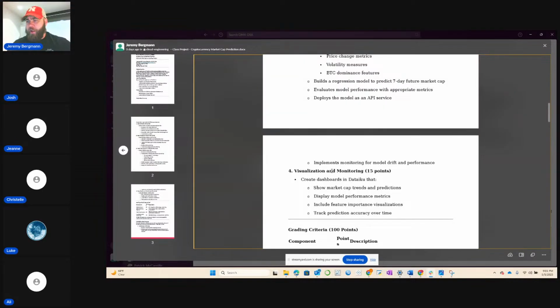You can just create that dashboard in Dataiku. If you wanted to create it in Power BI, you could, if you want to take that step, but the dashboards in Dataiku are okay. If you create dashboards to show your market cap over time and what the prediction looks like over the next 7 days, and model accuracy, statistics, and stuff like that.